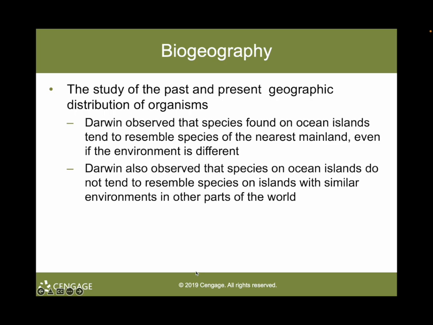Darwin studied the plants and animals on 2 sets of arid islands, the Cape Verde Islands, nearly 400 miles off the coast of western Africa, and the Galapagos Islands, about 600 miles west of Ecuador, South America. On each group of islands, the plants and terrestrial animals were indigenous. They were native. But those of the Cape Verde Islands resembled African species, and those of the Galapagos Islands resembled South American species.